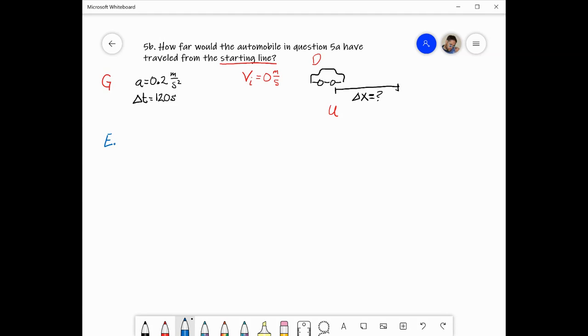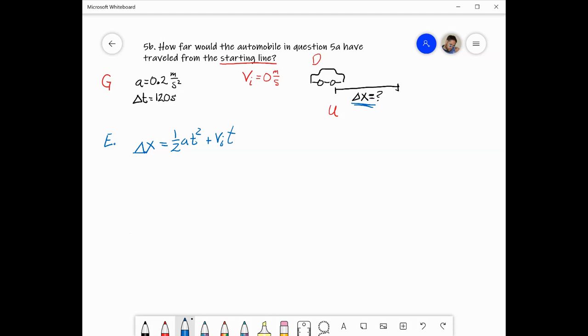So the only equation that I've got is this one here, which is a change in position is equal to 1/2 at squared plus vi times t. Got all these things, right? Do I need to make any alterations on this equation, or is it already solved for what I'm trying to get? Well, I'm trying to get this change in position, and it just so happens that it's already solved for a change in position, which means that I don't actually have to do any changes on this at all. It's already done. So my equation is set.